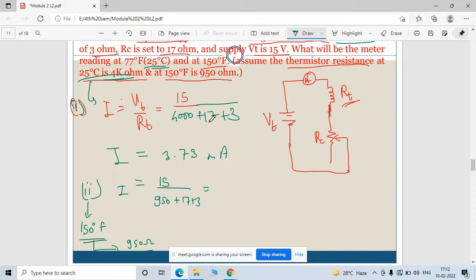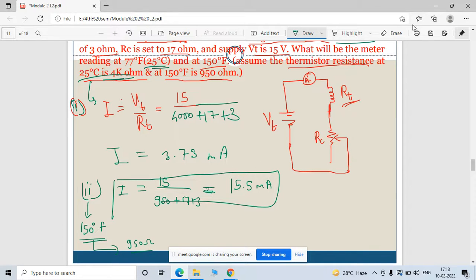These terms are constant, and the thermistor resistance is changing depending on external conditions. With the help of this you can find out the value of current here. When you solve it, you will get 15.5 milliampere. These are simple calculations.